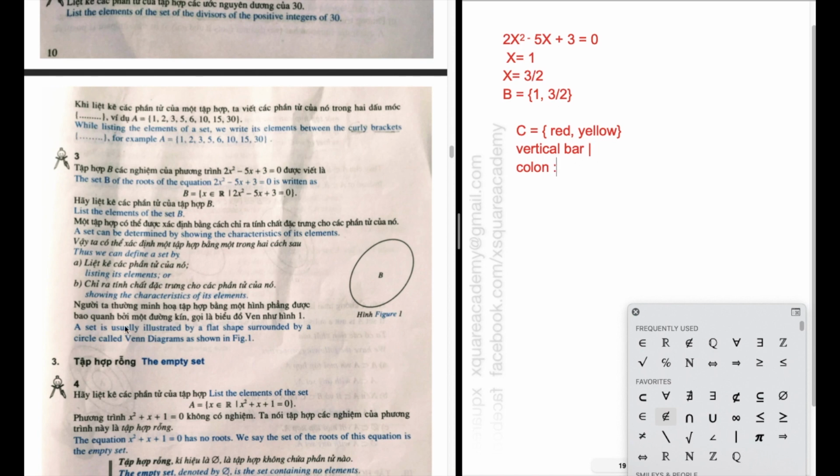A set is usually illustrated by a flat shape surrounded by a circle called a Venn diagram, as shown in Figure 1. I would like to talk about some information on who invented the Venn diagram.